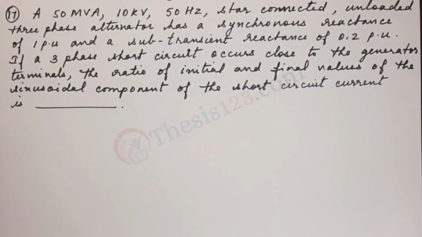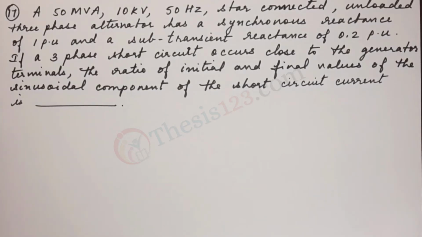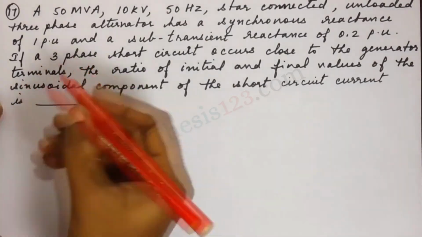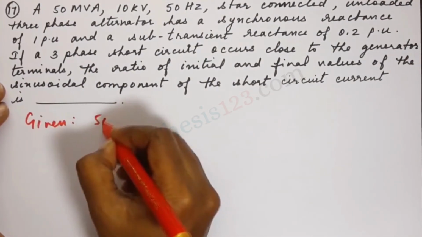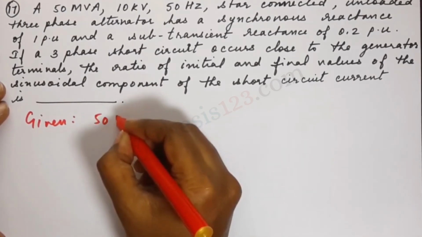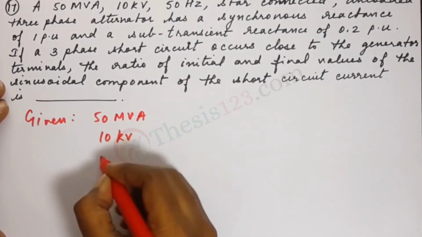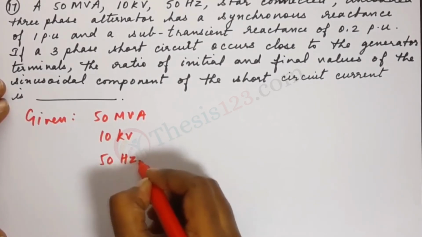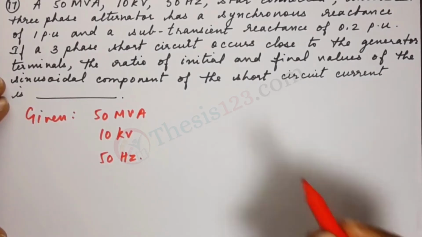Okay, so we see here that there's a lot of information given to us. So just because there's so much, let's write all of it down. We have been given that the system is a 50 MVA, 10 kV, 50 Hz, star-connected, unloaded, 3-phase alternator.